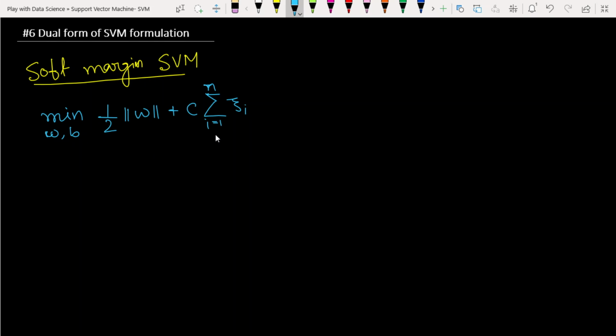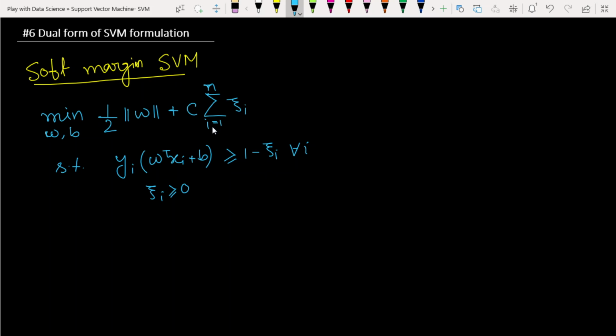We have already seen this, and we have the constraint yi times (w transpose xi plus b) greater than or equal to 1 minus zeta i, for all i. If we have n points, we get n such constraints, one for each data point, and also the constraint that zeta i is always greater than or equal to 0.